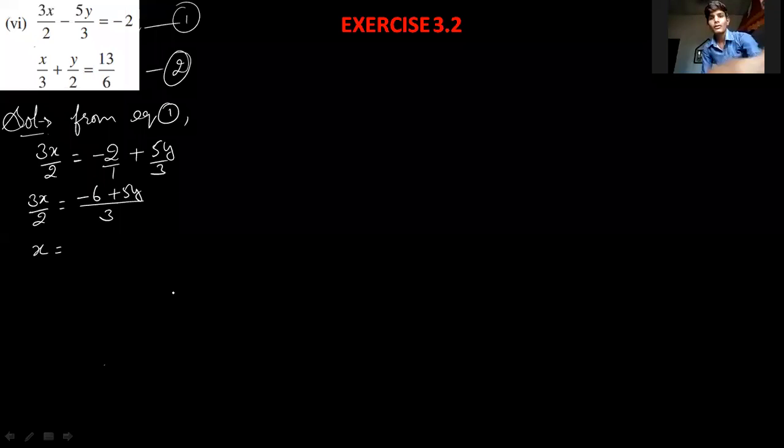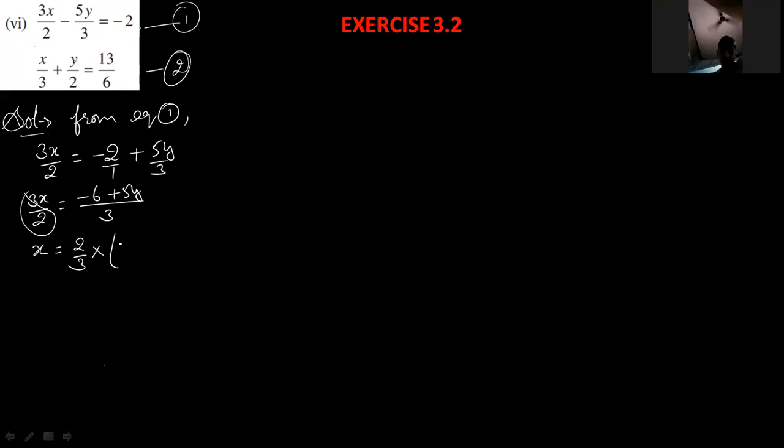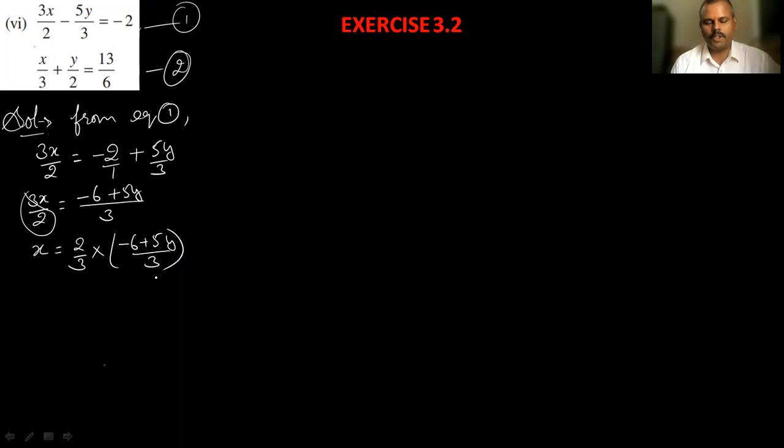What is x equal to? This 3 upon 2, when you move it to the other side, will become 2 upon 3. Multiplied will be converted into divide. So multiply this with minus 6 plus 5y upon 3.